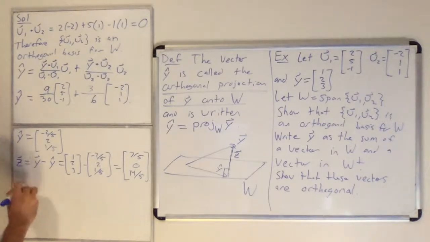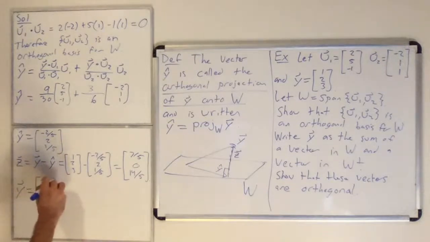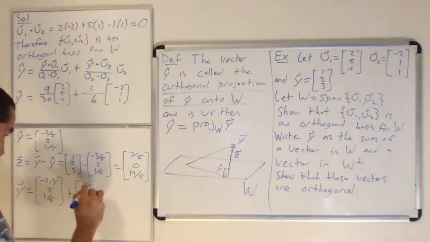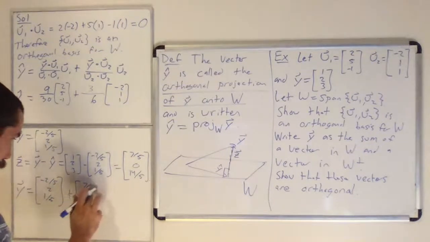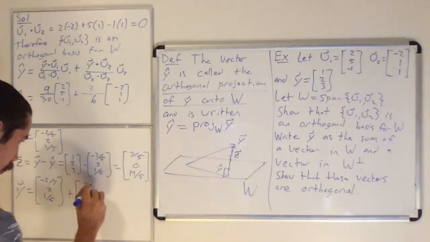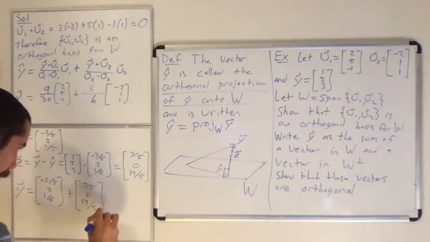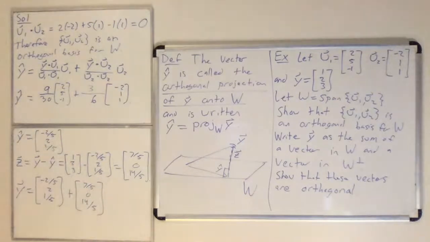So we could write y as -2/5, 2, 1/5 plus 7/5, 0, 14/5.